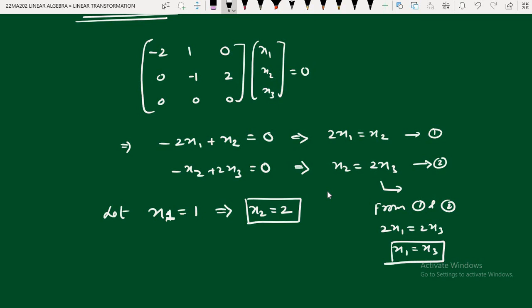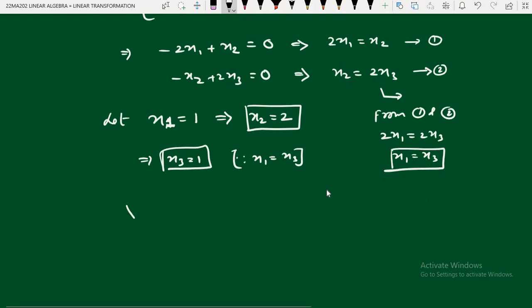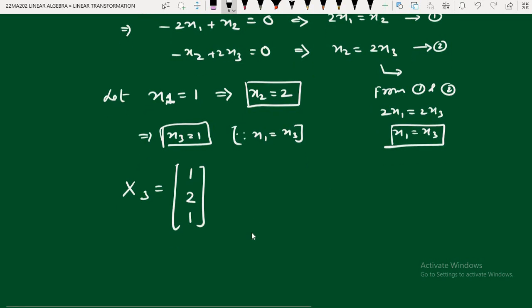So x1 equal to 1 means x2 equal to 2, and x3 also 1, since x1 equal to x3. That relation we got by comparing equations 1 and 2. So this is the way we get the values of the third eigenvector: x1 is 1, x2 is 2, x3 is 1. So 1 2 1 is your third eigenvector.